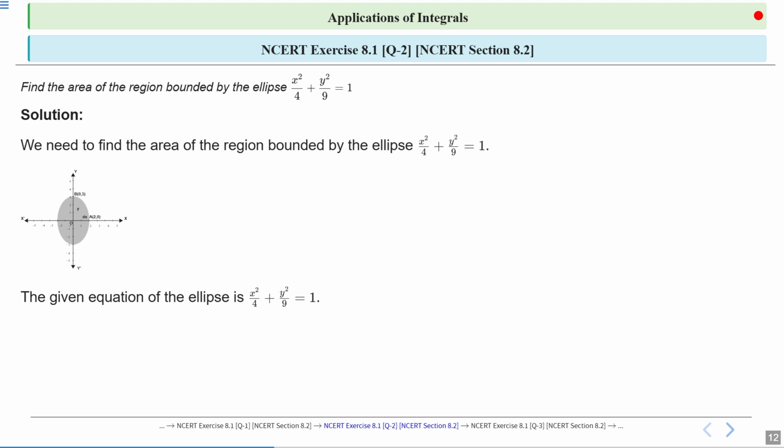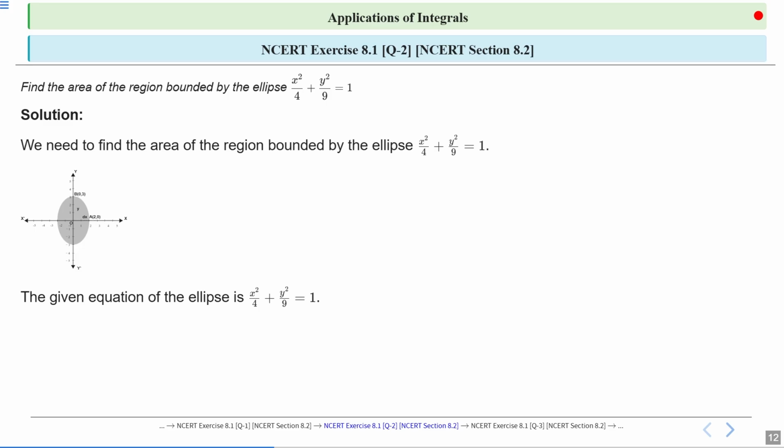So we have to find the value of a definite integral to find the area in the first quadrant, that is bounded by the graph x square by 4 plus y square by 9 is equal to 1, the x axis, the y axis, and the line which passes through (2, 0) parallel to the y axis, that is the line x equal to 2.